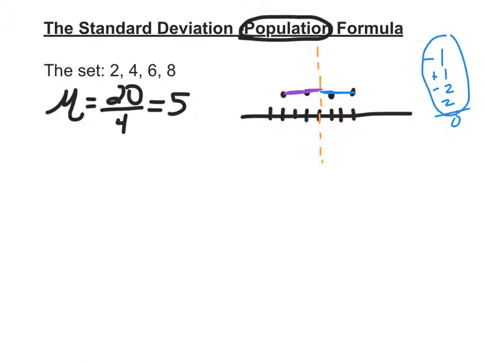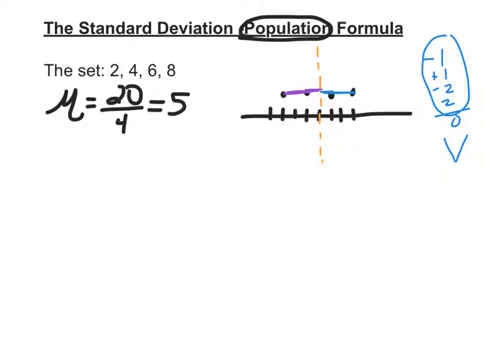Now you could use the absolute value. If you remember, the absolute value is just taking a number and making it positive. The problem with that is absolute values as a graph have very pointy edges. And when you use very pointy things, they don't have derivatives. And derivatives end up being really important in the future when you're talking about minimizing error.